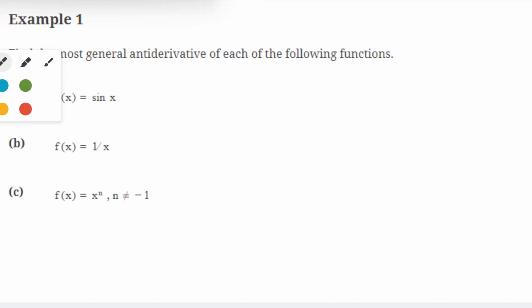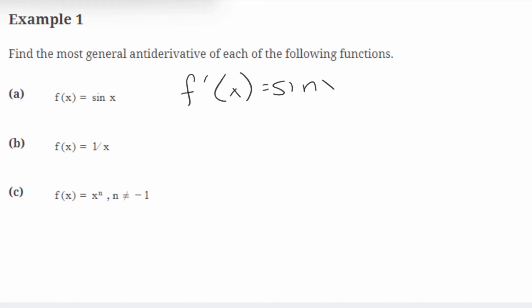Let's just look at a couple quick things. So I've got my f prime of x is sine of x. So what would be f of x? The question is which derivative, if I took the derivative of it, is going to give me sine of x.